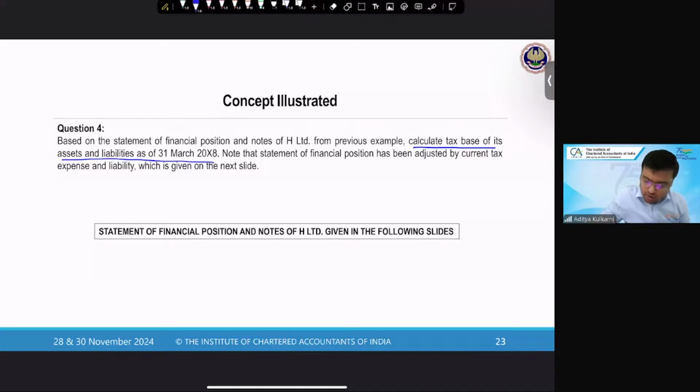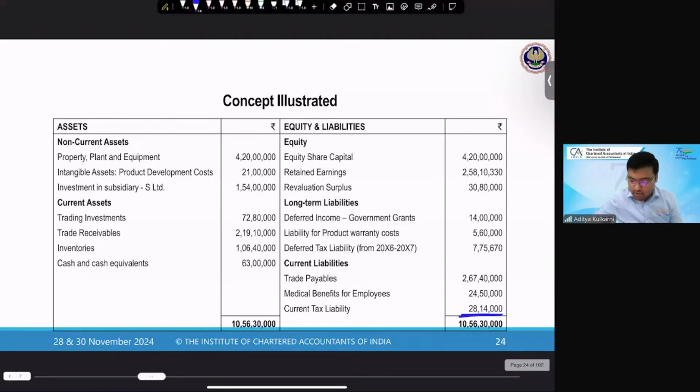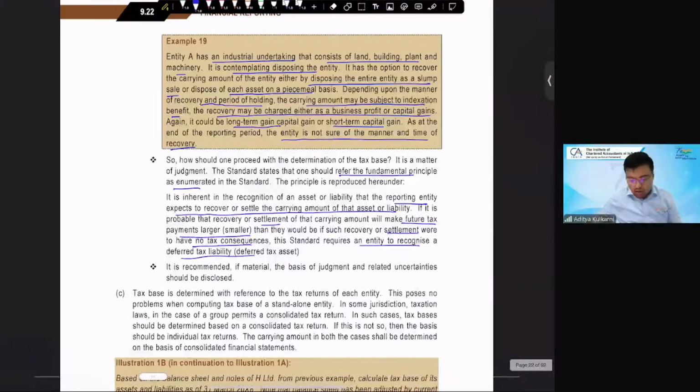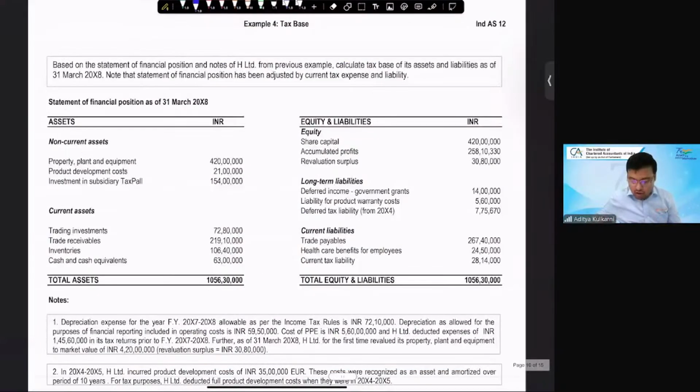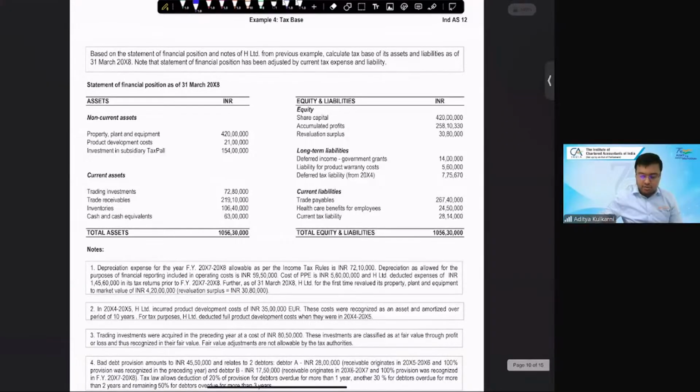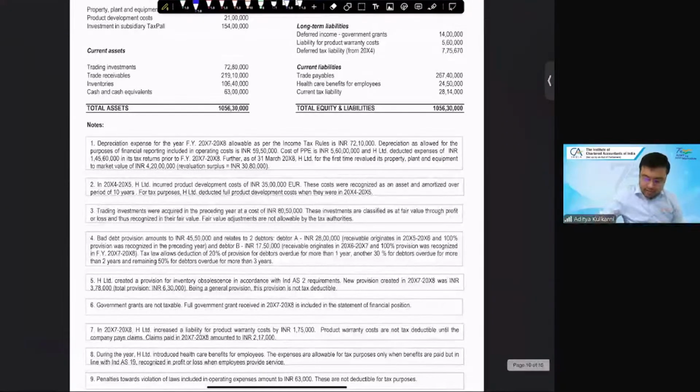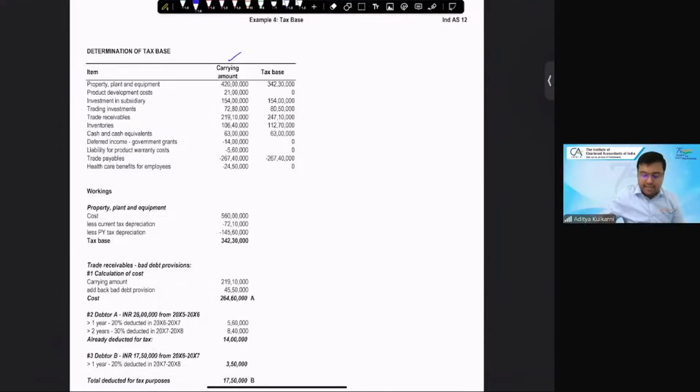Okay. So I leave this particular part to you for homework. Don't worry, we still have one more session. So if you are unable to solve this, please let me know. But I have also shared this solution sheet with you. So the carrying amount is there and the tax base also I have given to you. If you are having any doubts, you can always refer to this.